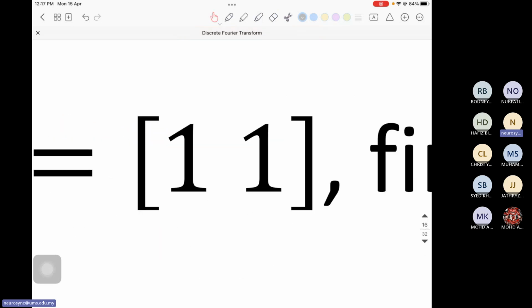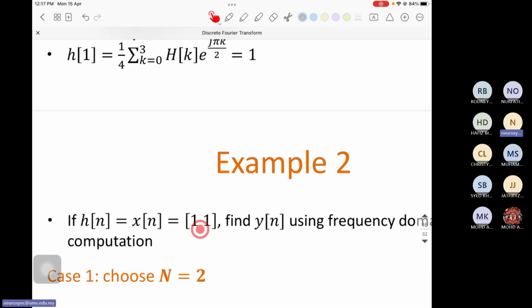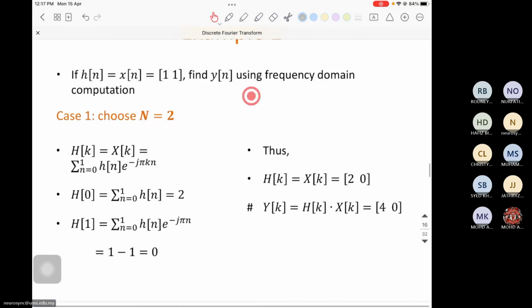So 1 plus 1 is 2 here. For k equal to 1, you just calculate this, and you will get 0. So X of k, which is equal to H of k, you got 2 and 0.